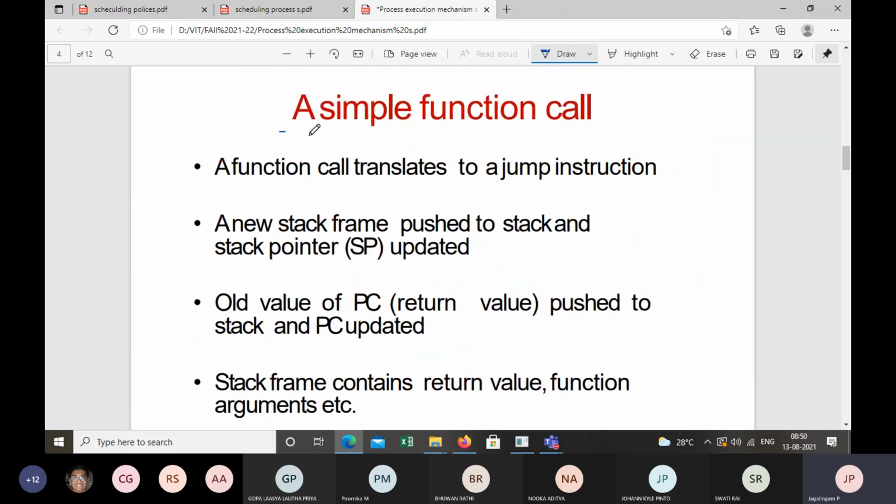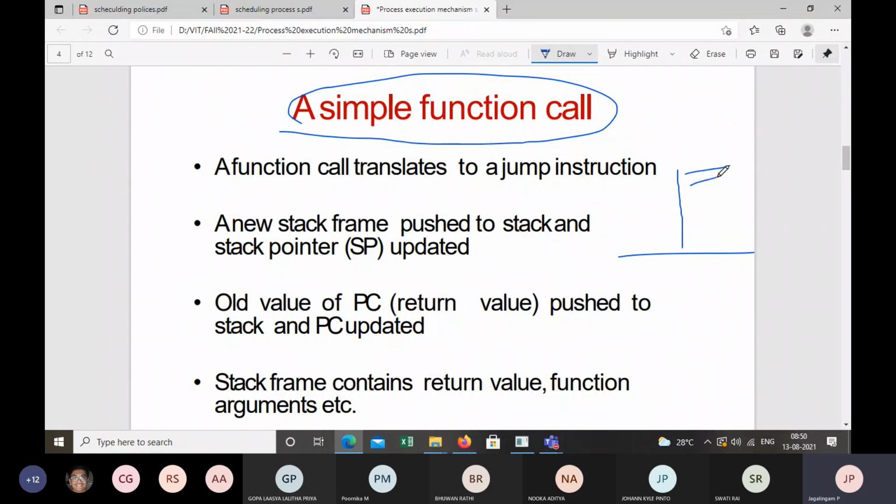And we also discussed a simple function call, right? In the user code segment, you write code which has multiple lines of instructions, and when you make a function call, currently the PC is pointing to the function call. Let's say that line of instruction is 2.